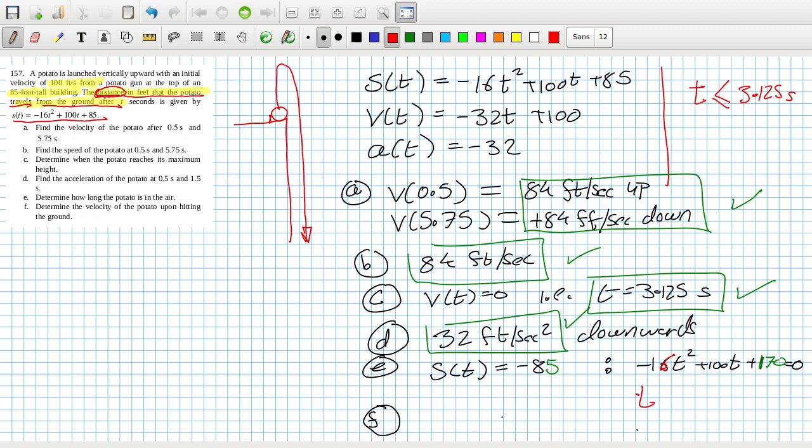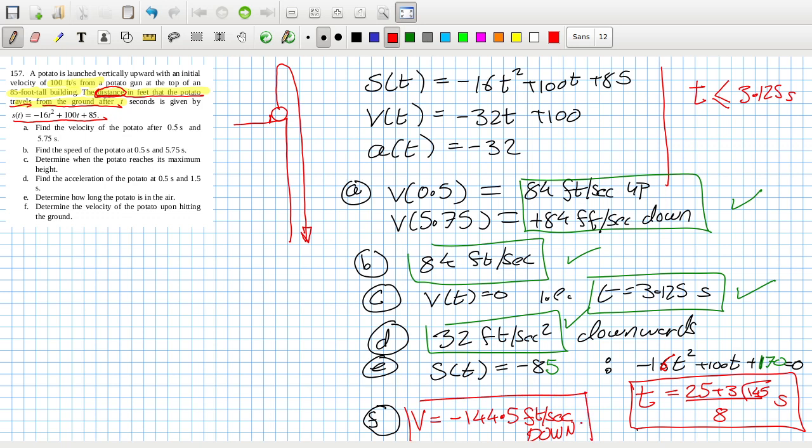I got t equals 25 plus 3 root 145 over 8 seconds. That doesn't match the back. And likewise, my velocity is basically minus 144.5 feet per second down.